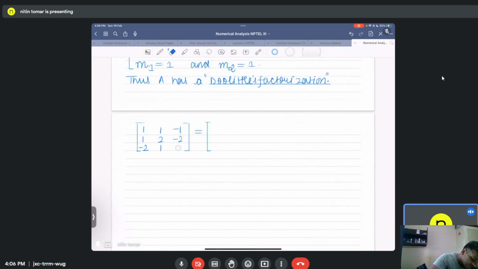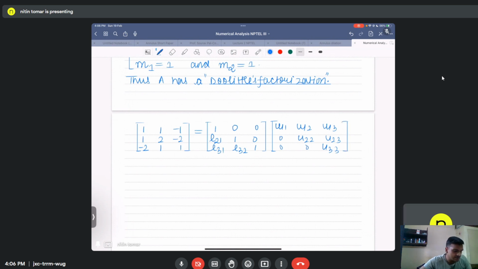But it has a special property. What is the special property? 1 here, 1 here, 1 here. The lower one will have entries in second row first column, third row first column, and so on. And here you will have u11, u22, u33, u12, u13 and u23.